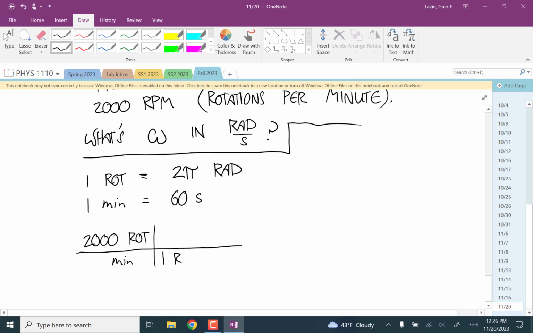One rotation is 2 pi radians. 1 minute is 60 seconds. And you end up with a value of plus or minus 209.44 radians per second.